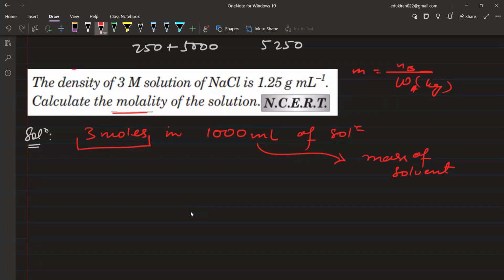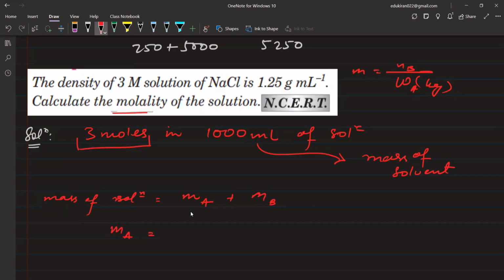Now, the mass of solution will be equal to the mass of solvent plus the mass of solute. Correct? है ना? You have to get the mass of solvent.